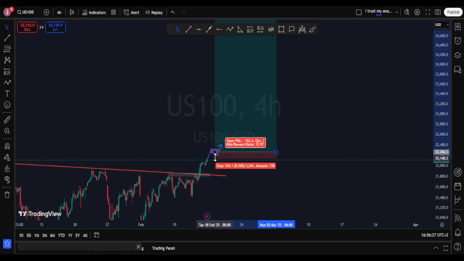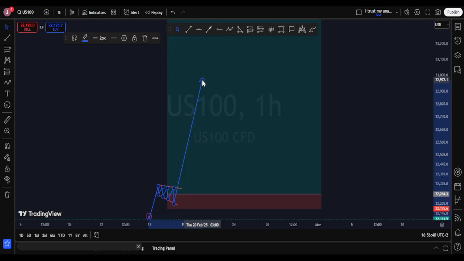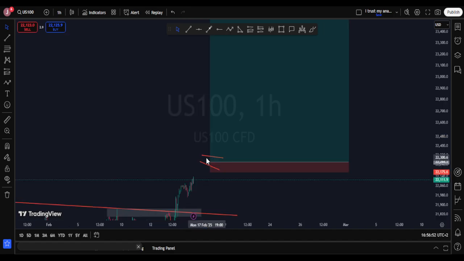This won't be just one entry. Look for a push up, enter whatever pattern comes here, and then if I still continue to see these patterns, ladies and gentlemen, I'm going to scale in.